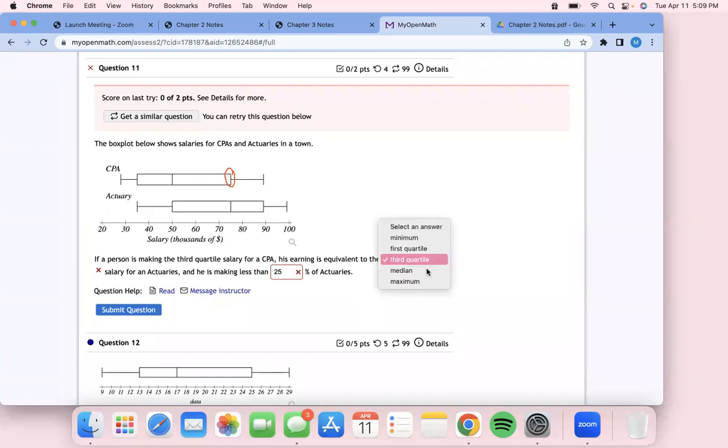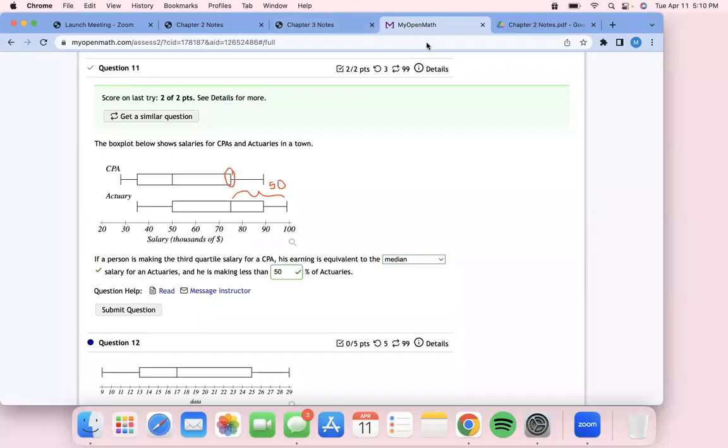Okay. And then he is making less than what percent of actuaries then? So this many actuaries make more than that CPA. And that number of actuaries is 50%, right? Yeah, there we go. Okay. Thank you.